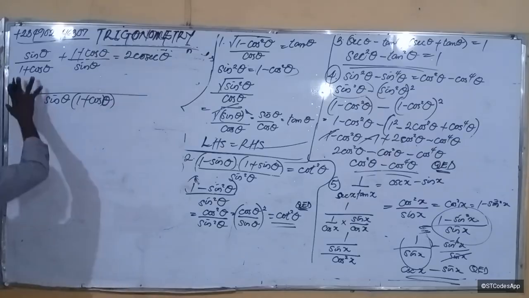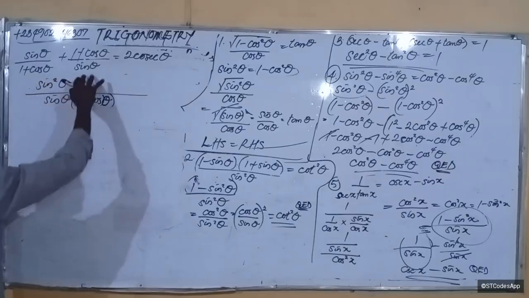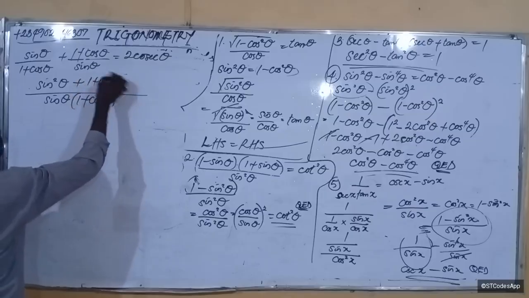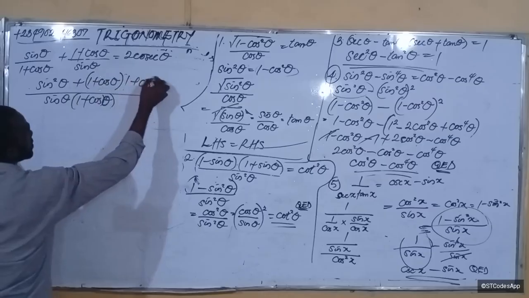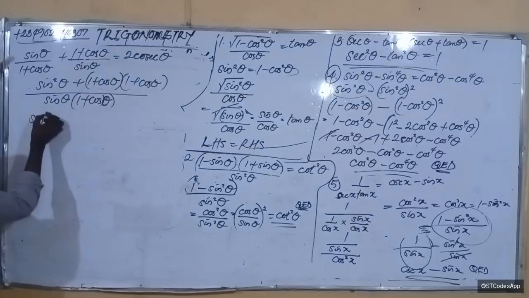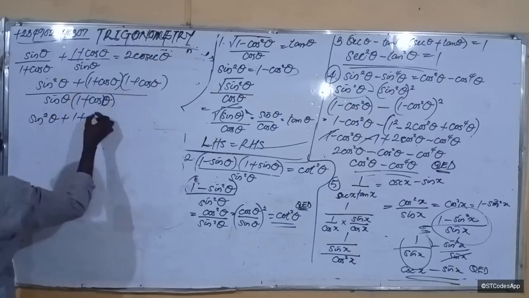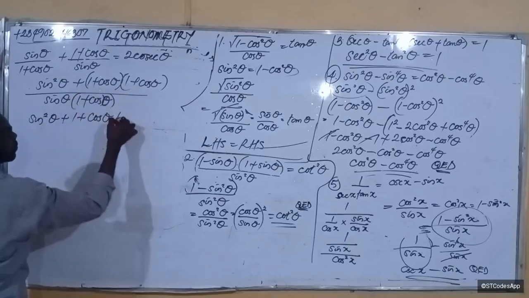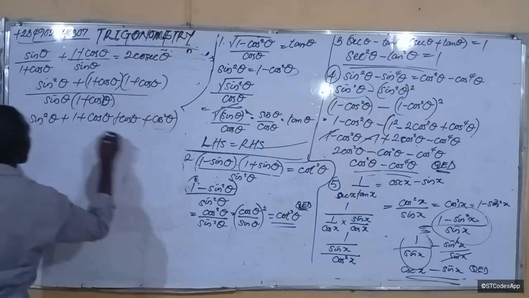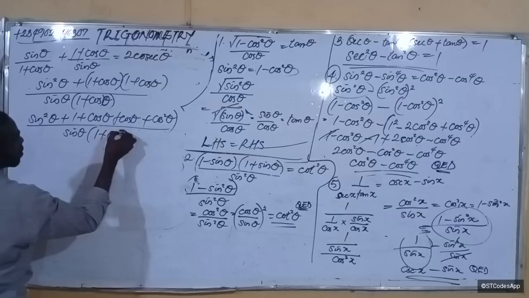So if this is the case, this in this remains this times this, sine squared theta plus this in this cancels, remain this. So we have 1 plus cos theta times 1 plus cos theta. It's times in itself now. So very easy. We have sine squared theta plus 1 times 1 plus cos theta plus cos theta plus cos squared theta all over sine theta 1 plus cos theta.